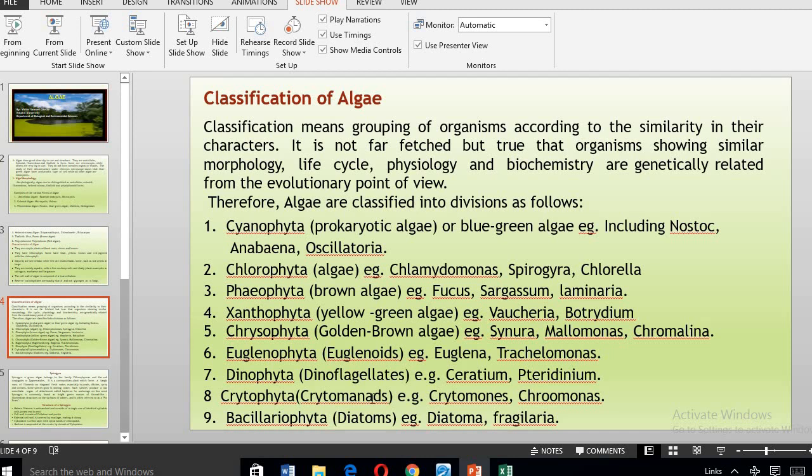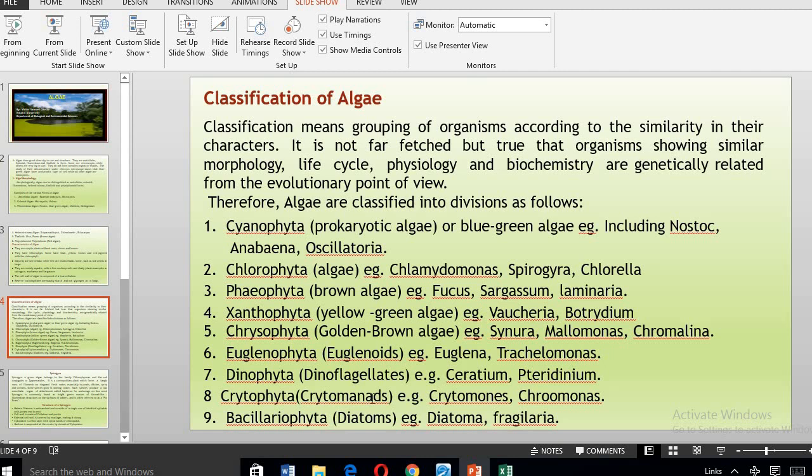So the first division is Cyanophyta. Cyanophyta are the prokaryotic algae, or some books would refer to them as the blue-green algae. An example here is Anabaena, Oscillatoria, and Nostoc.